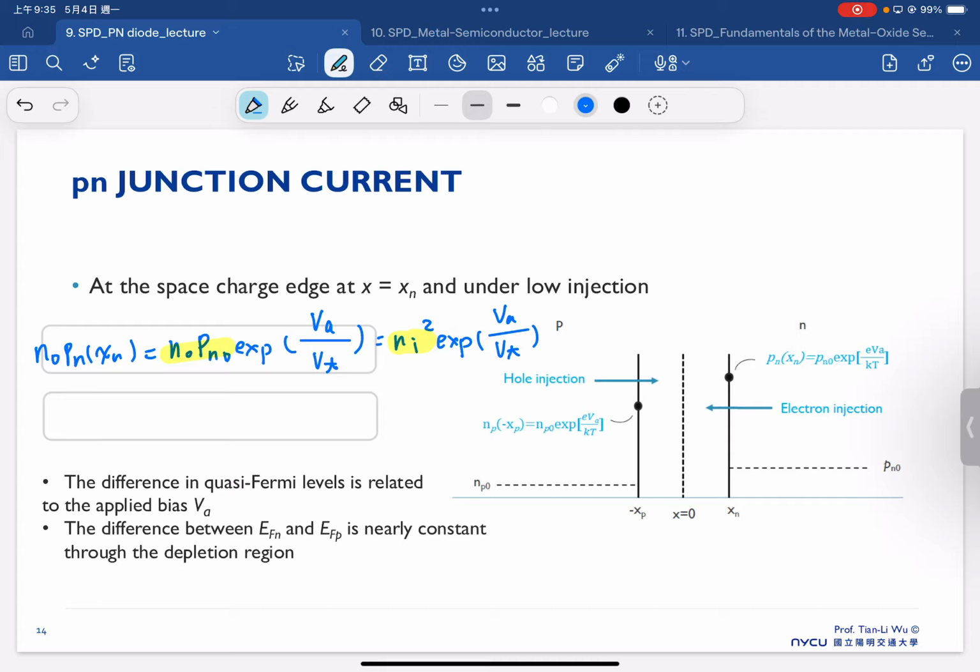And because the difference in the quasi-Fermi levels is related to the applied bias VA, n0 P is equal to Ni squared exponential (EFN minus EFP) over KT, because this term is equal to this one.